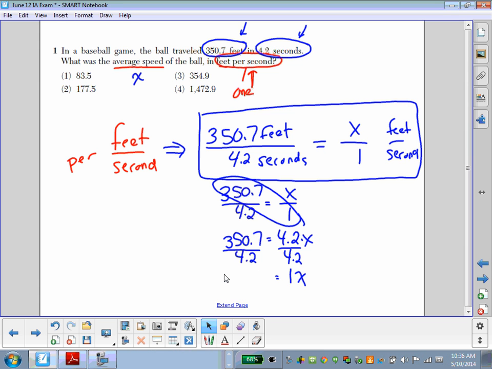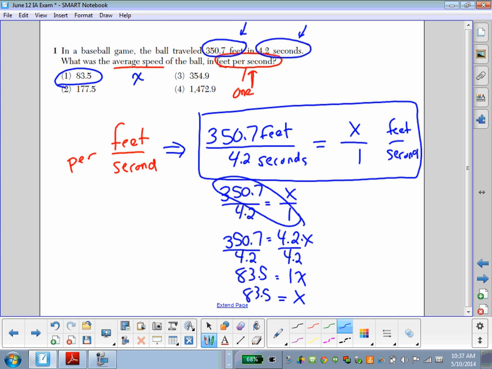So I know 1x is equal to 83.5. Using the multiplicative identity, I know that 1 times any number is itself, so 1x is the same thing as x. So x is 83.5 feet. And if we look here, our first option is 83.5, so that is the answer.